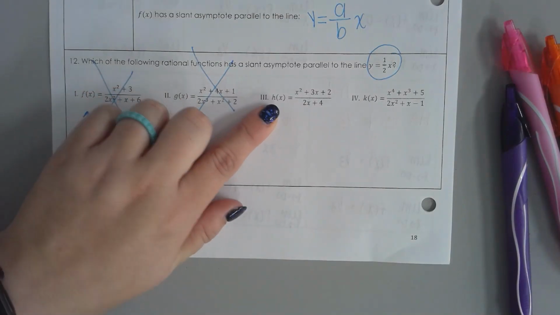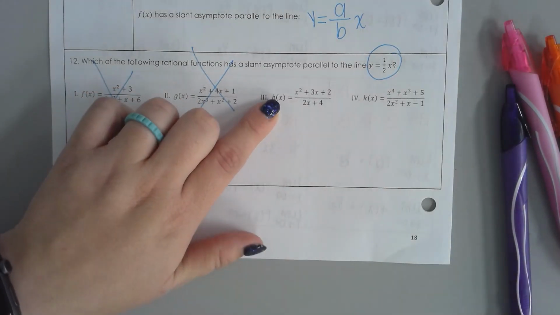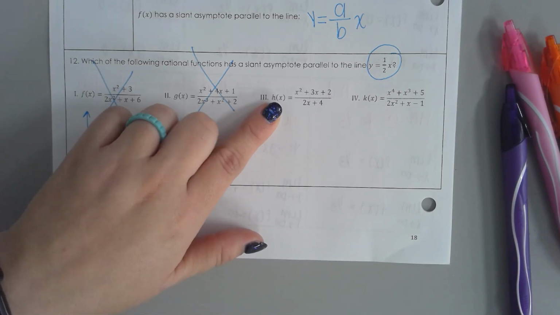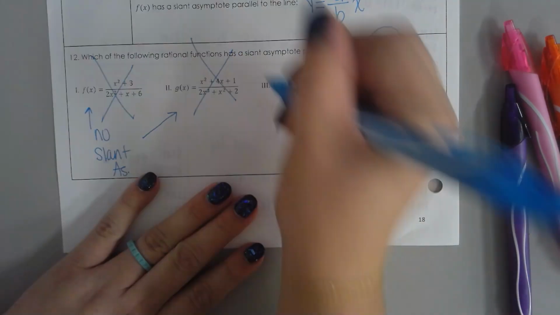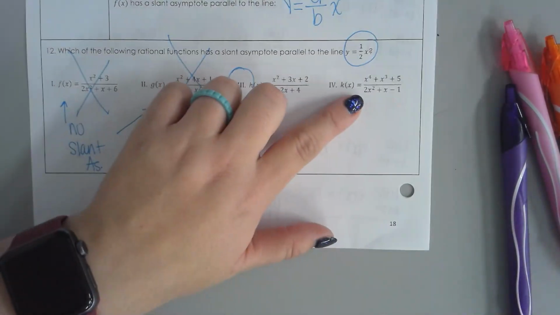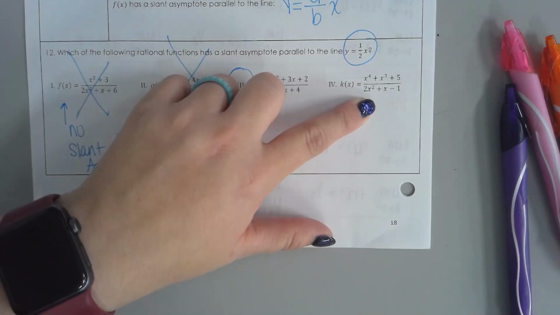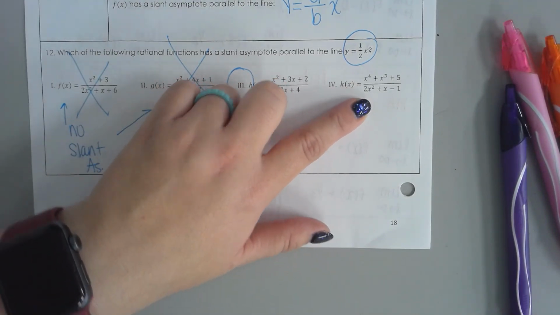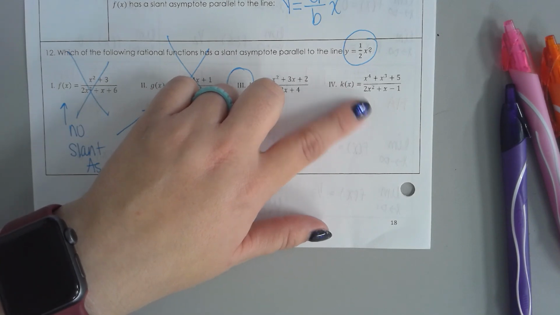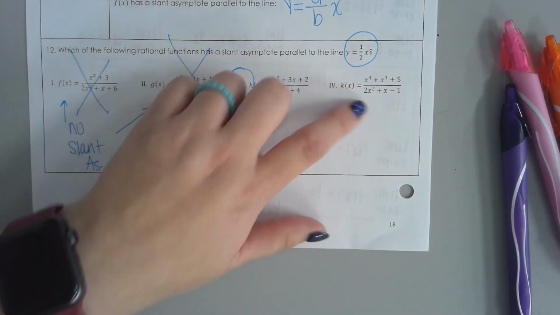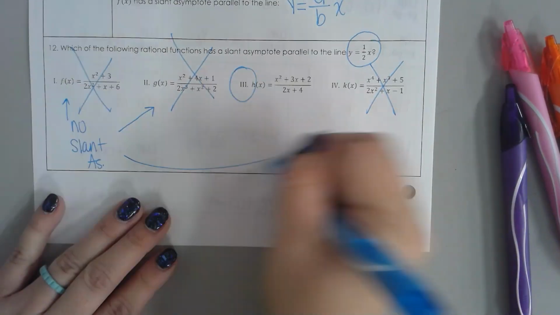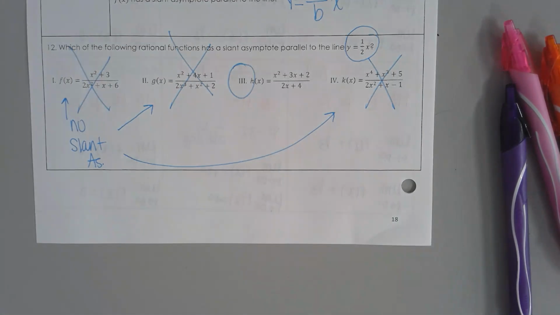What about option 3? Is the degree of my numerator exactly 1 more than the denominator? Yep. Is my a over b simplified to 1/2? Yep. Option 4, is my numerator degree 1 more than the denominator? Exactly 1 more? Nope, it's a 4 over 2. 4 is not 1 more than 2. So that one doesn't have a slant asymptote. So the only one that it could be is option 3.